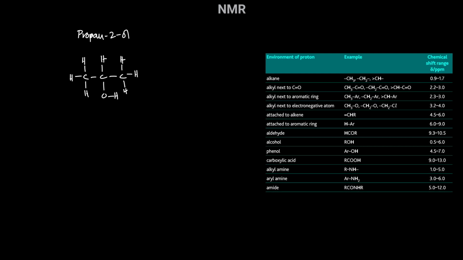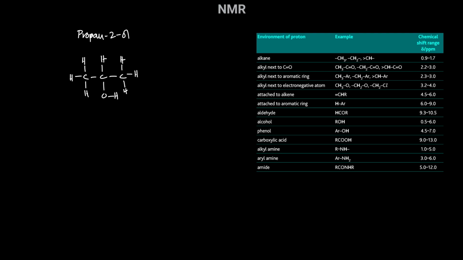So over here, we know that the 3 protons that are bonded to this carbon are identical, right? Again, any protons bonded to the same carbon are identical. So these 3 are the same, that's HA. And this CH3 group is identical to this CH3 group. We have a symmetric compound.